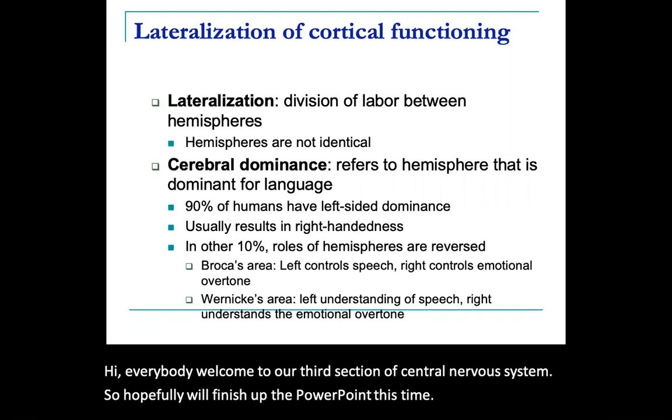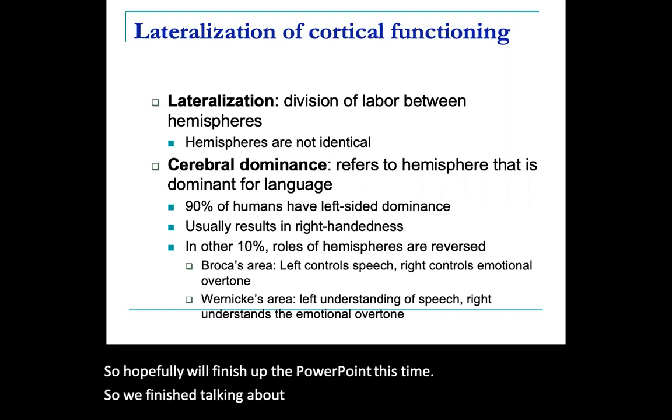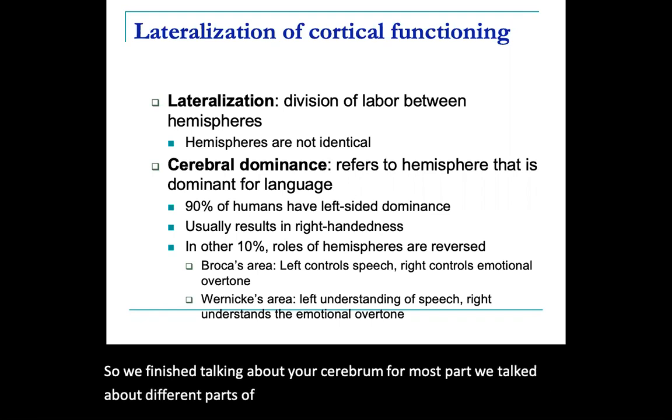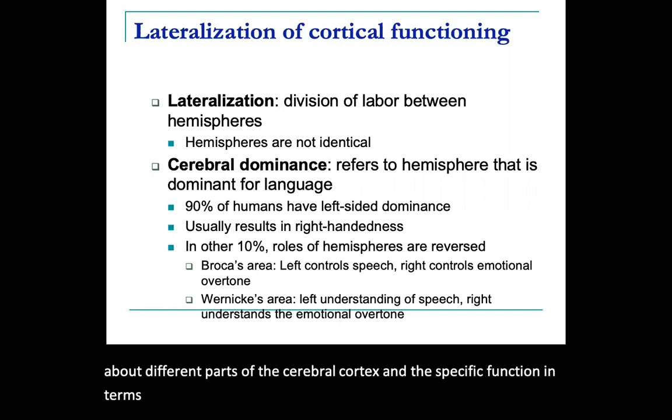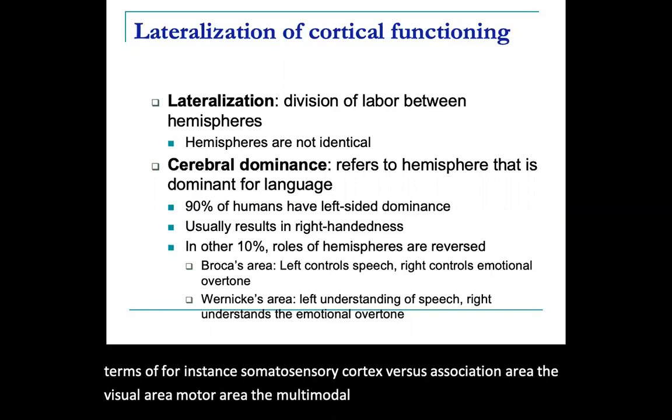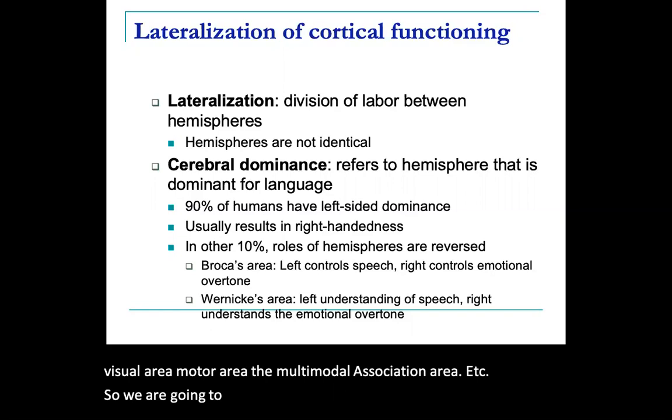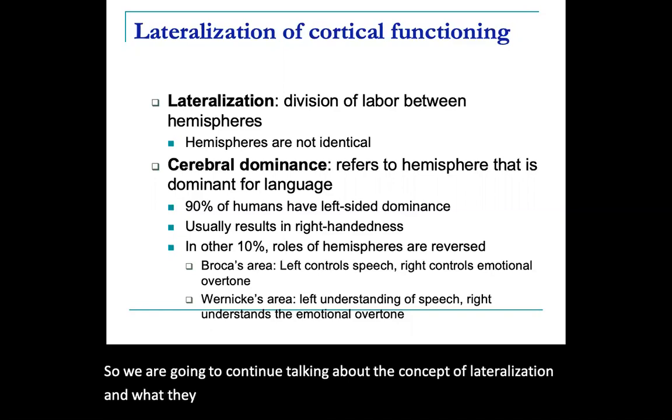So we finished talking about your cerebrum for the most part. We talked about different parts of the cerebral cortex and their specific functions, for instance, somatosensory cortex versus association area, the visual area, motor area, the multimodal association area, etc. So we are going to continue talking about the concept of lateralization and what we identified as cerebral dominance as one of the last topics of the cerebrum.